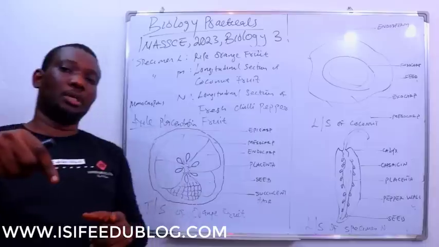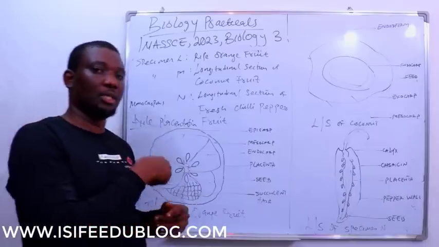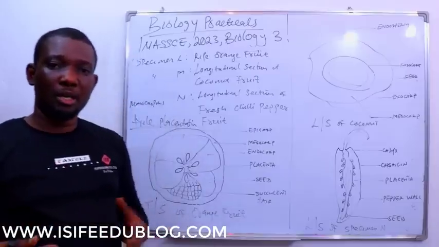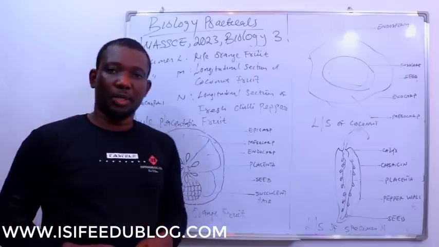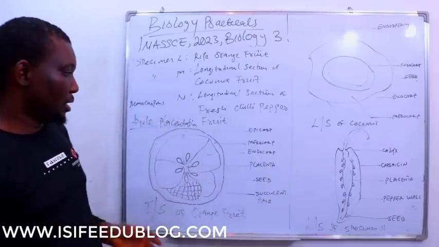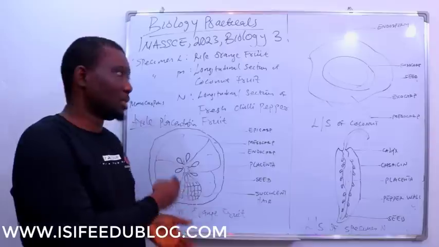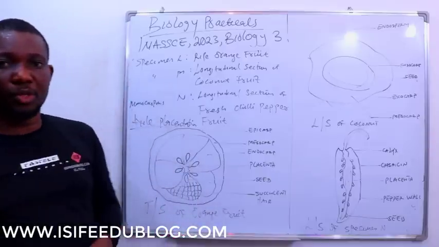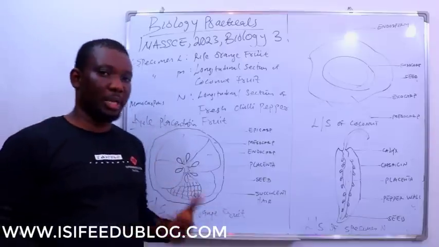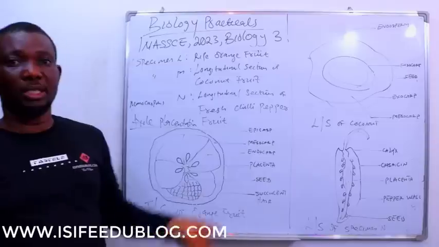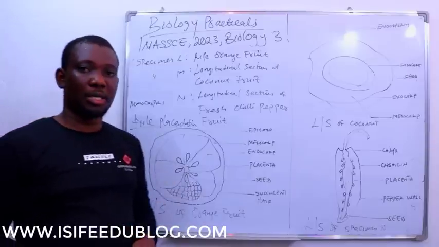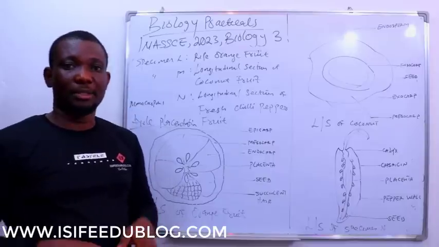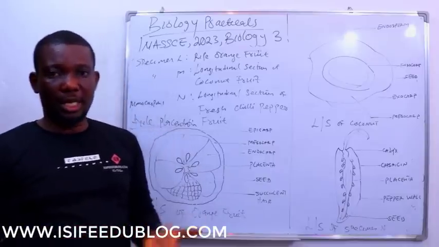Now look at another question that will come in. Since this fruit is eaten easily by man and other animals, what mode of dispersal is possible in this class of specimen? Since it is eaten by man and other animals because of its edibility, this fruit is basically dispersed by man and other animals.